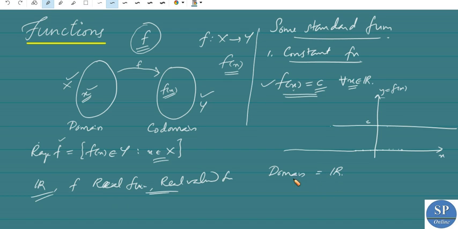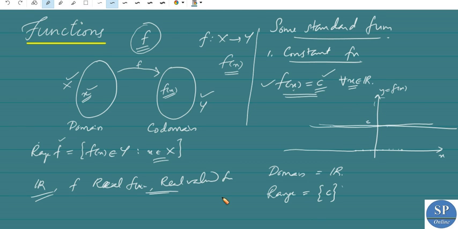So domain is R. Now what about the range of this function? Range is equal to the singleton set {c}, because for any value x in R, the functional value, or the image, is c only. So range is nothing but the singleton {c}.